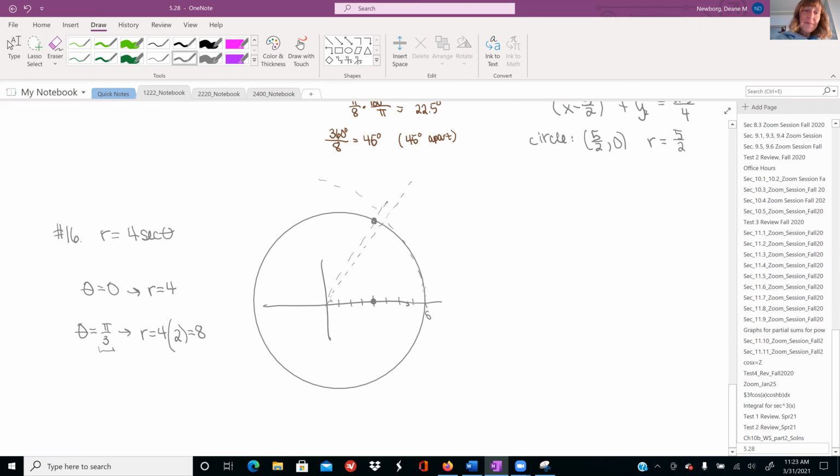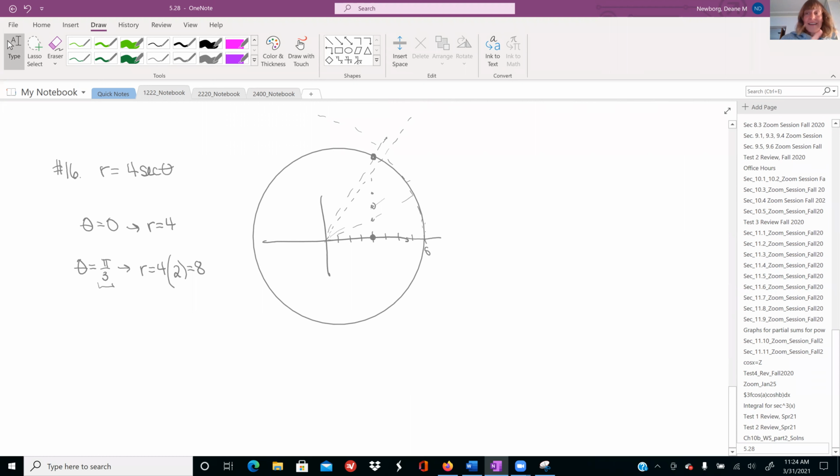What you'll end up seeing is you do these different angles and you're getting points like this, and the graph starts to look like a vertical line, and you think, well, that seems weird. How am I getting a line from that? So then if you try the other strategy, for secant theta, remember secant theta is the reciprocal of cosine.